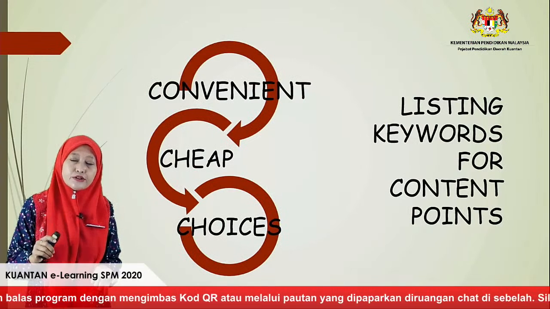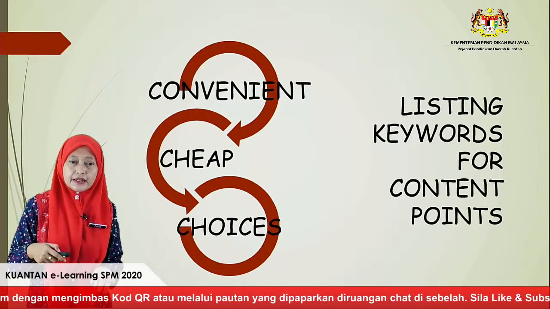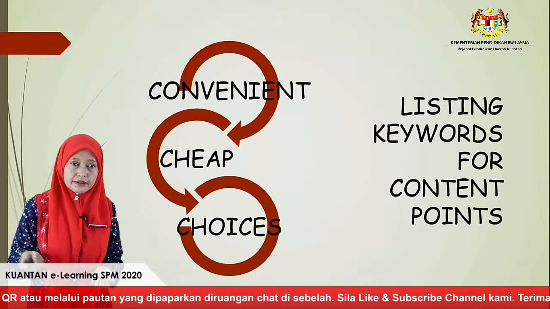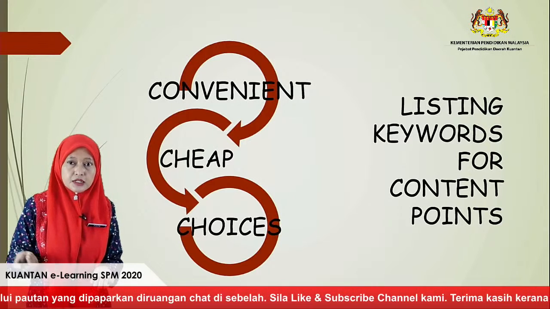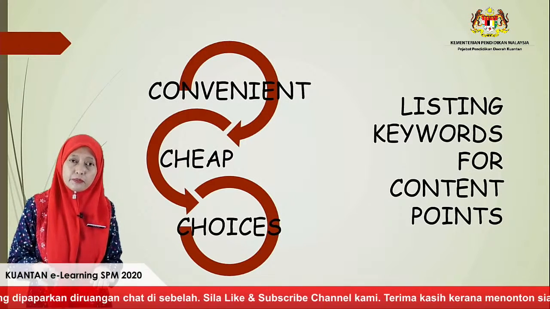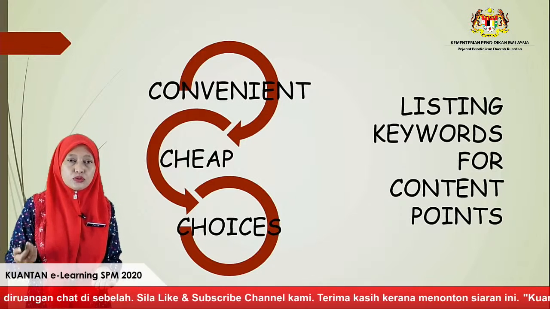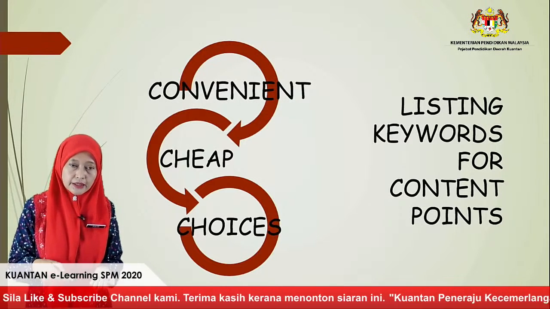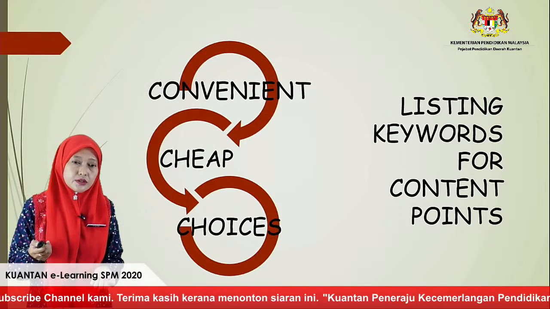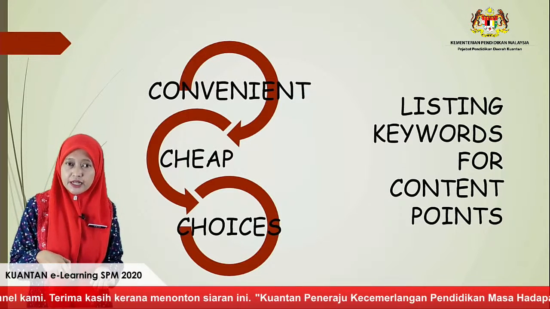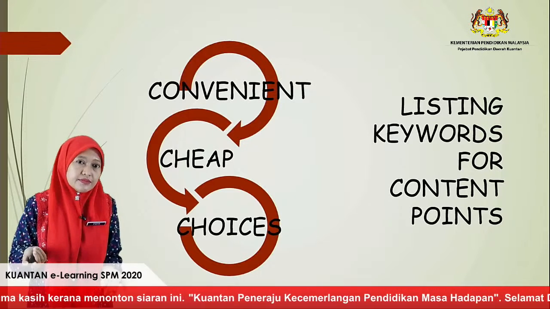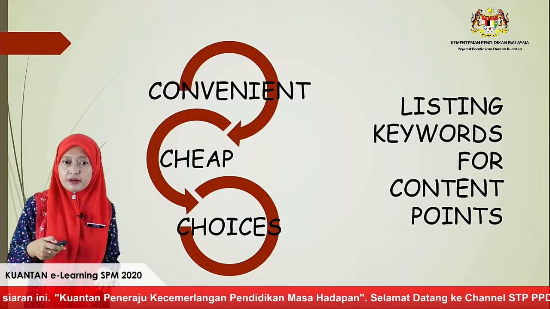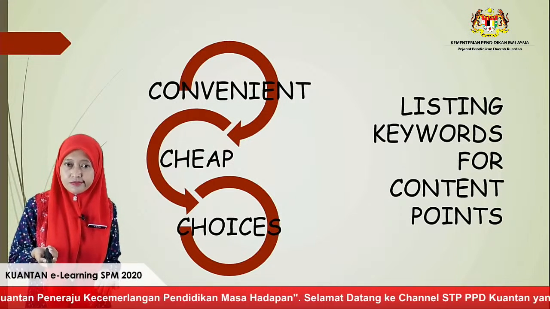Okay, so this is how I draft or outline my content points. So listing keywords for content points can help you to try to elaborate on your content. So I found this very interesting shape, and I was like, why not use it for my map?